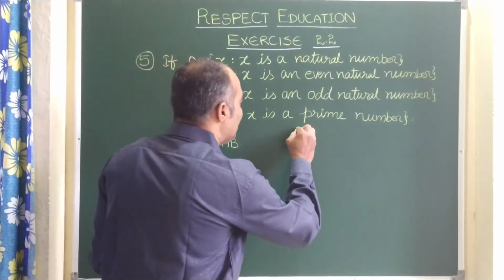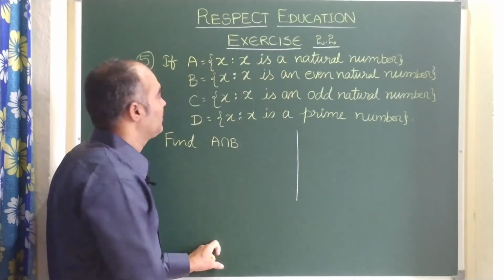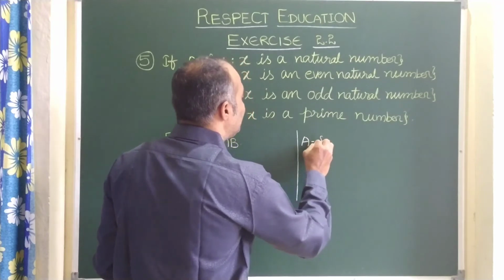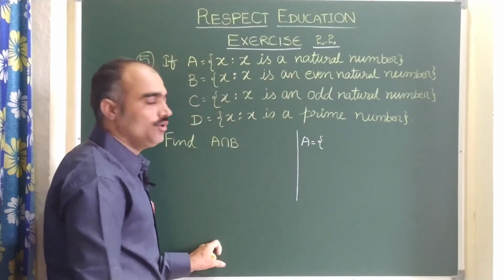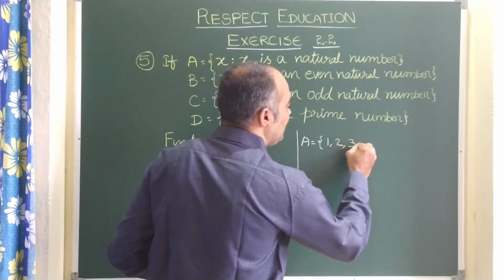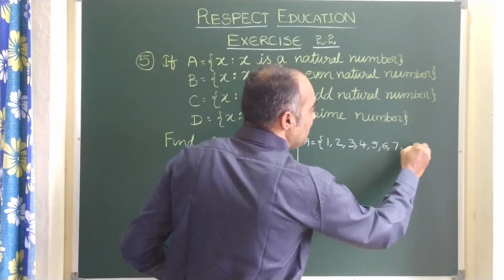Before finding this, let us write the roster form of these sets. So here A is given as the set of natural numbers. You know natural numbers start from 1, 2, 3, 4, 5, 6, 7, and so on.